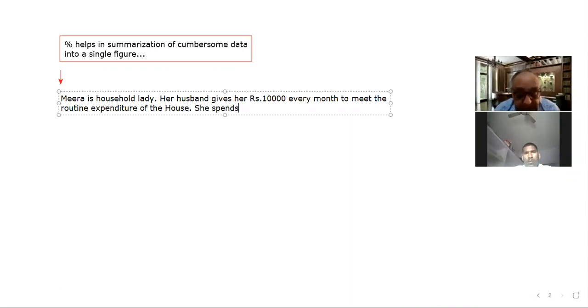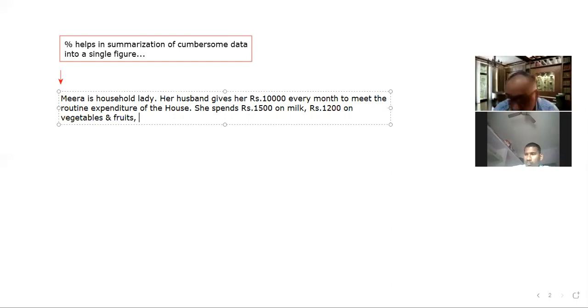She spends rupees 1,500 on milk, rupees 1,200 on vegetables and fruits, rupees 2,000 on electricity, and rupees 3,500 on groceries.